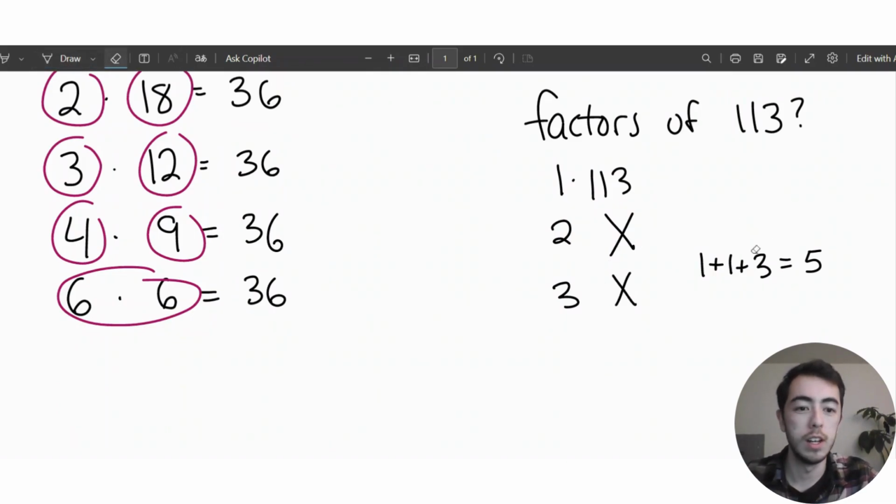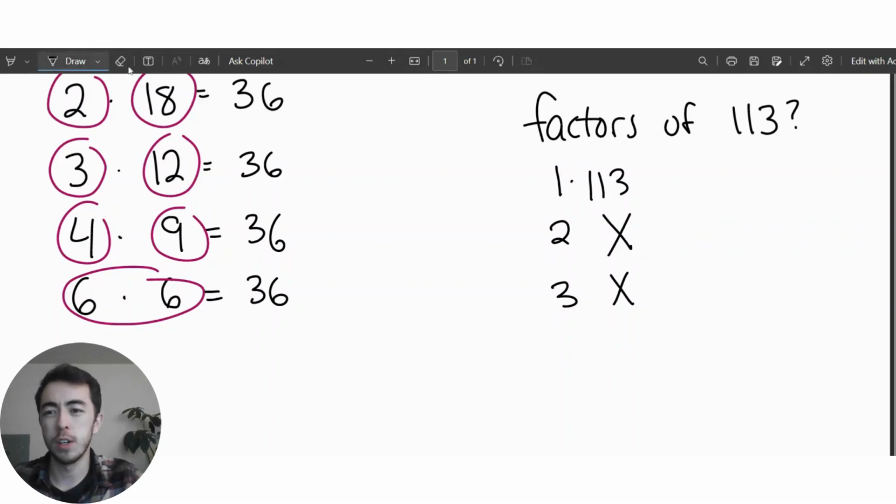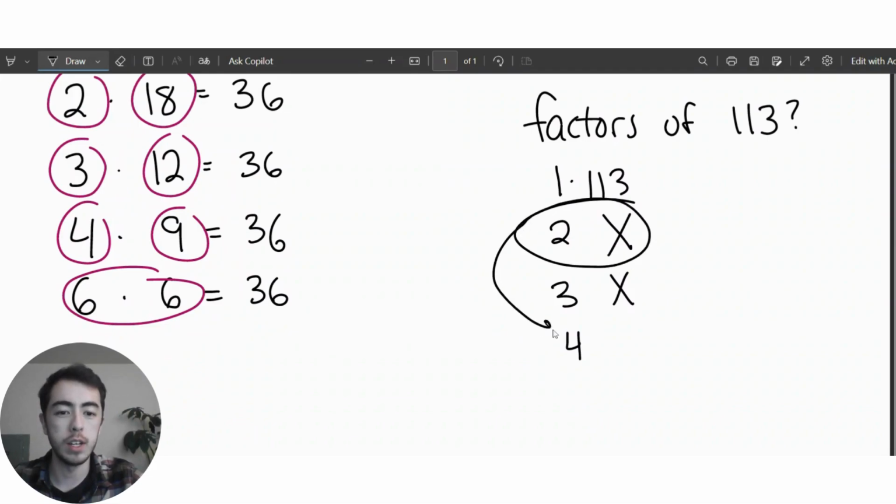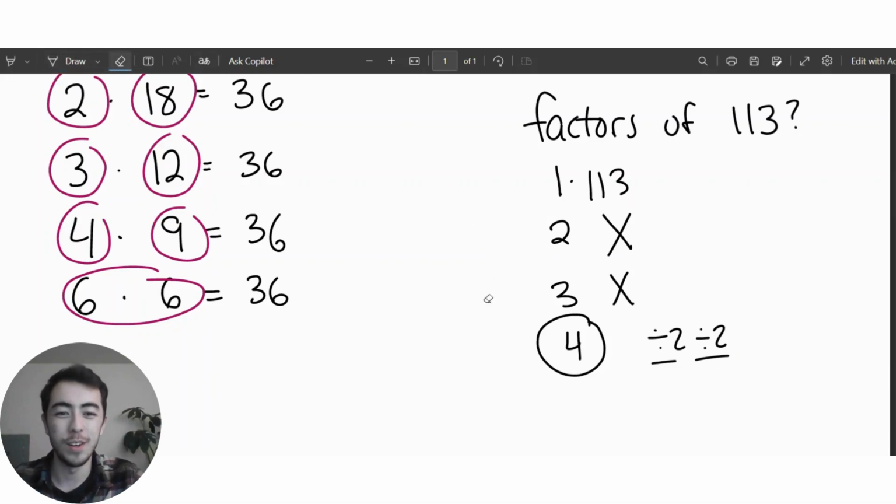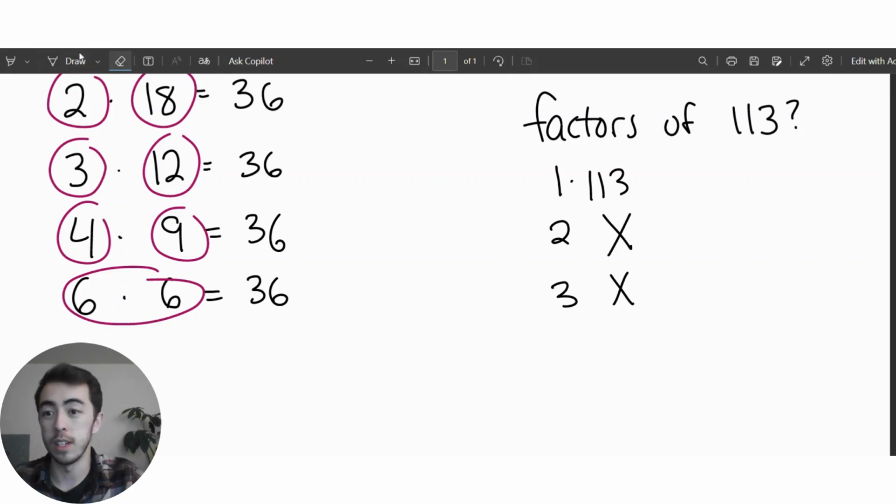so there's no need to actually do any division here. The next number to check could be 4, but I kind of already accounted for that by checking the 2 earlier. Knowing that it's not divisible by 2 means that I can't divide it by 2. And trying to divide it by 4 is like dividing it by 2 twice. So I know that neither of these are going to work. So by already knowing that 2 is not a factor, I know that 4 isn't either.